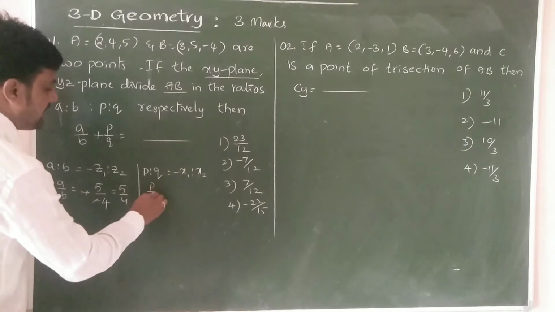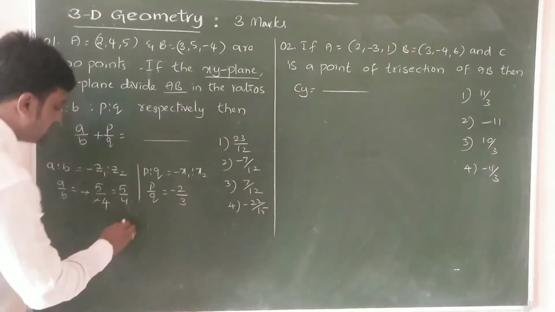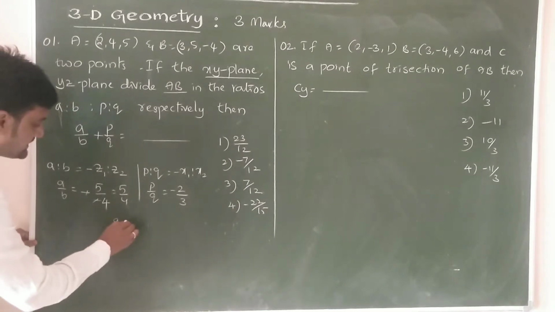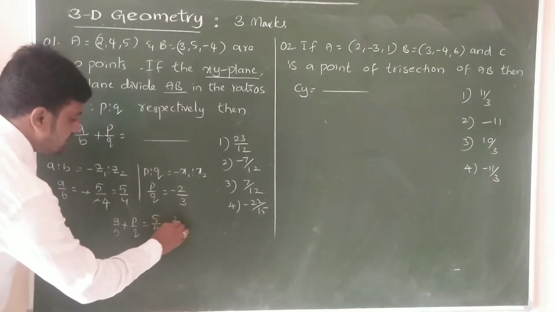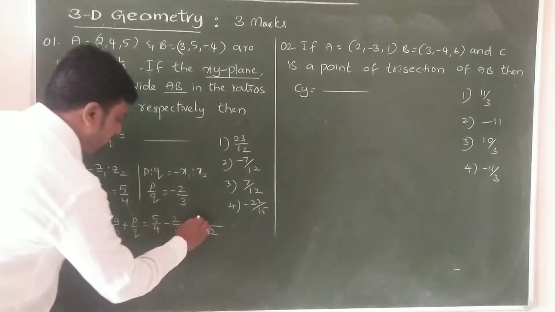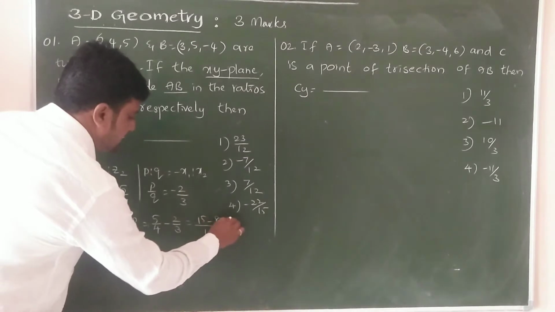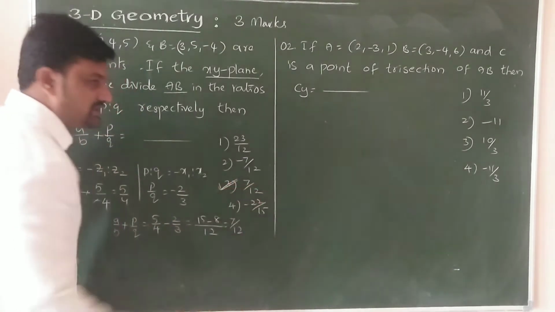Now p by q equals minus 2 by 3. So then a by b plus p by q equals 5 by 4 minus 2 by 3. Okay, it is 15 minus 8 by 12, 7 by 12. Okay, third one is the option.